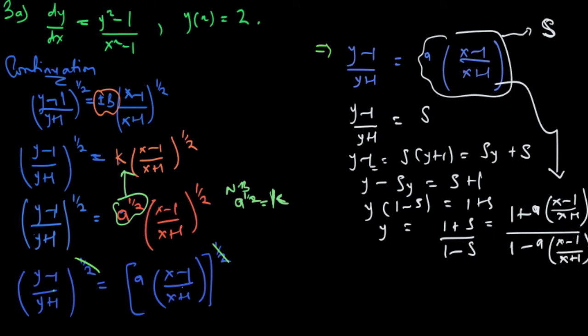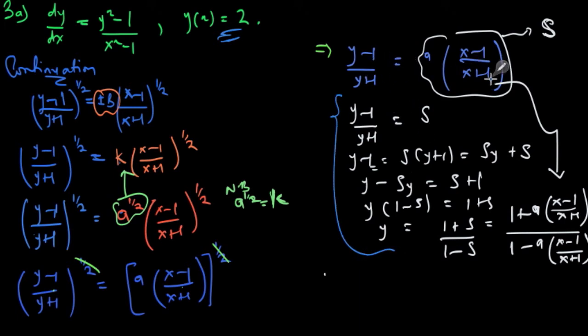So all I just did was, assuming you are not given an initial condition and you are told to find an explicit solution, that's the general solution in explicit form. But since we are given an initial condition, you might not necessarily need to go through all these steps.